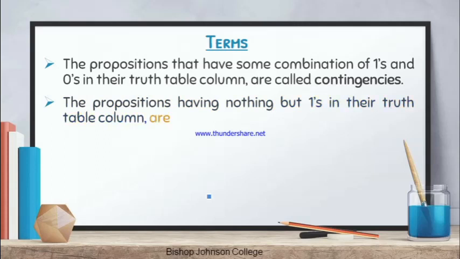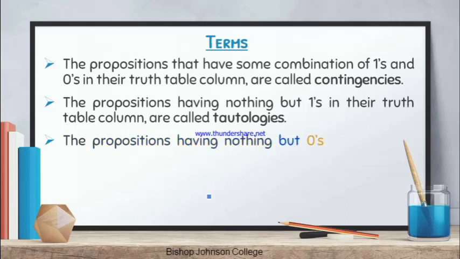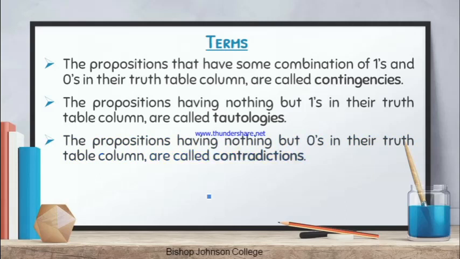The propositions having nothing but 1 in the truth table column are called tautologies. A column which contains all 1 values is called tautology. The propositions having nothing but 0 in the truth table column are called contradictions. A column which contains only 0 is called contradiction.